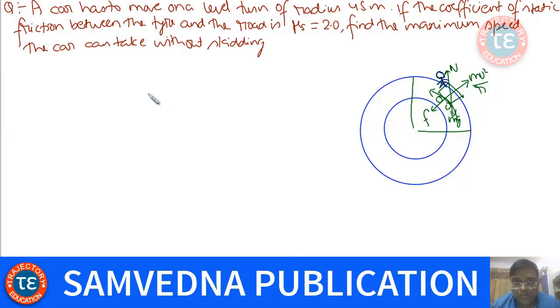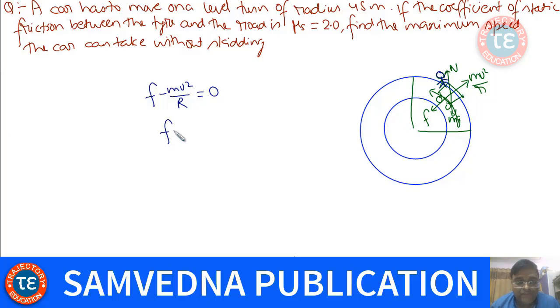So in order to prevent skidding, this F minus mv square by r has to be 0. We want that the car should be in radial equilibrium. So in order to keep it in radial equilibrium, net force in radial direction has to be 0, right?